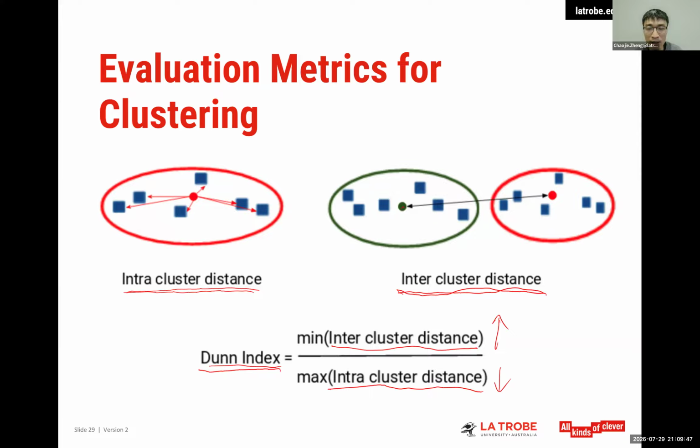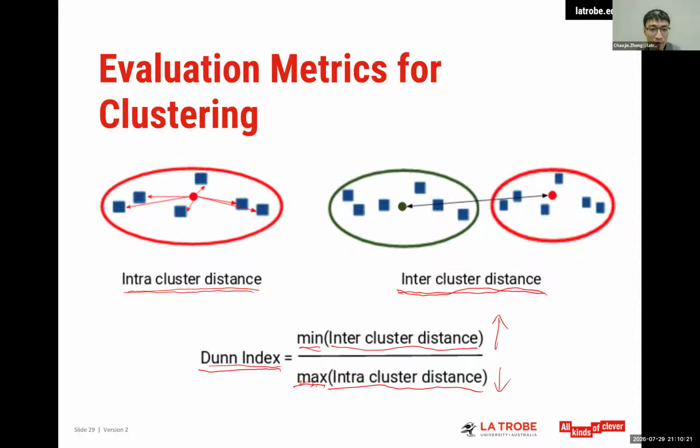We calculate the centroid-to-centroid distance for any two of the clusters, and then we find the minimum one as the numerator for the Dunn index.